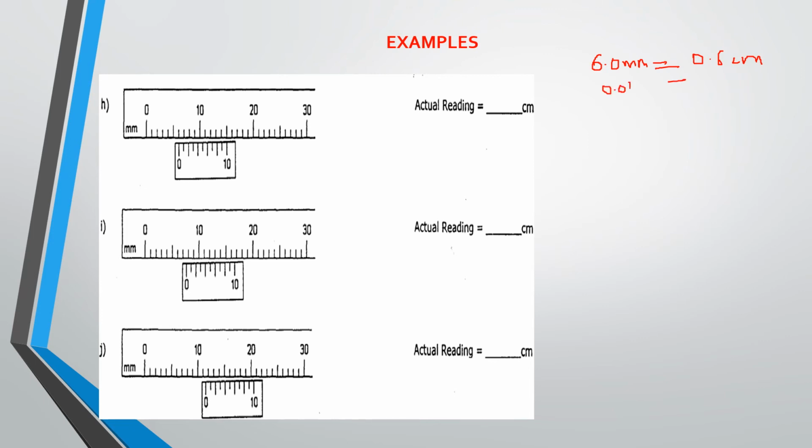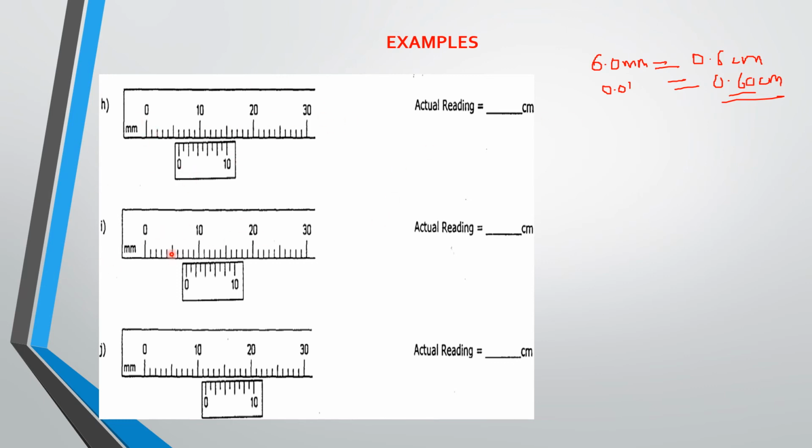So for this particular Vernier scale, the reading is 0.60 centimeters.